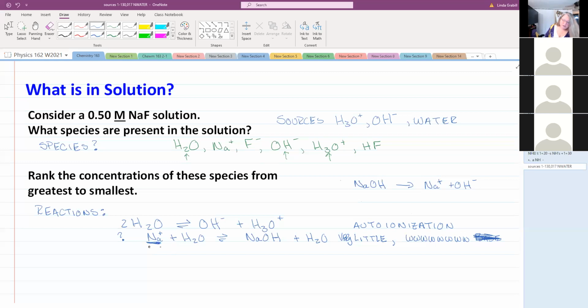If I add those to solution, they're going to stay as those ions because they form something that's strong, that by definition we write as just a single arrow. We don't write it as being in equilibrium. We're going to get such a small amount back that it's not going to change the pH if I add anything with sodium, chlorine, and all of those. Is everybody good with that?